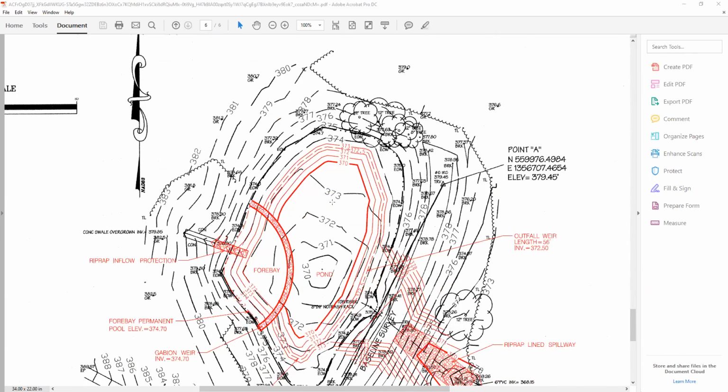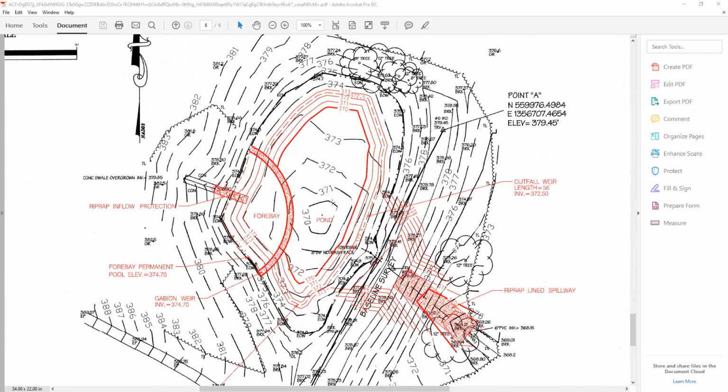The second option, and again, a conceptual drawing of it, looks very similar, except you have this gabion basket weir that retains water in this upper end. And what they're indicating is that the water in this smaller pool would actually be 2 feet above, or 1.5 feet above, the elevation of the lower permanent pool. And we had some back and forth discussion about this.